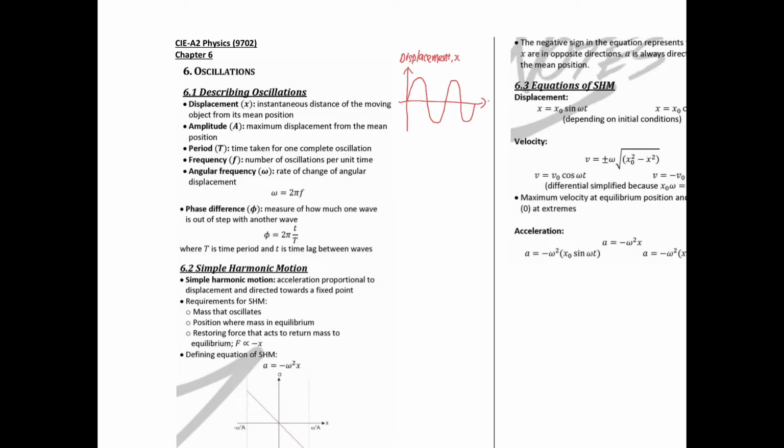The horizontal axis is called t. So according to the definition here, the displacement is instantaneous distance. What is instantaneous distance? It's like the distance at any particular time from its mean position. Mean position is where? Is in the middle. This is the mean position.